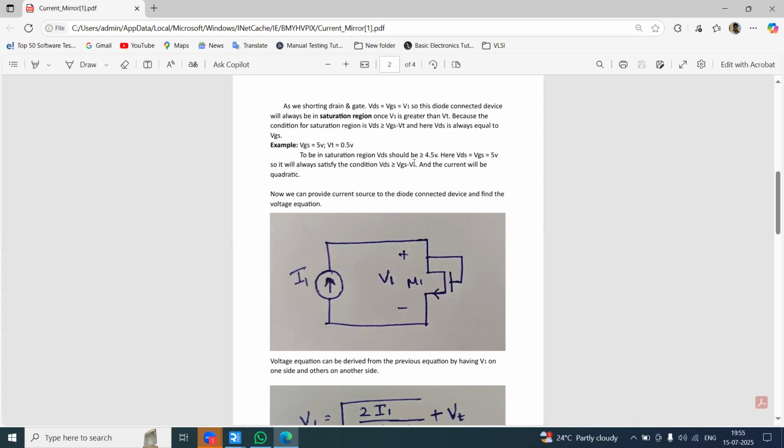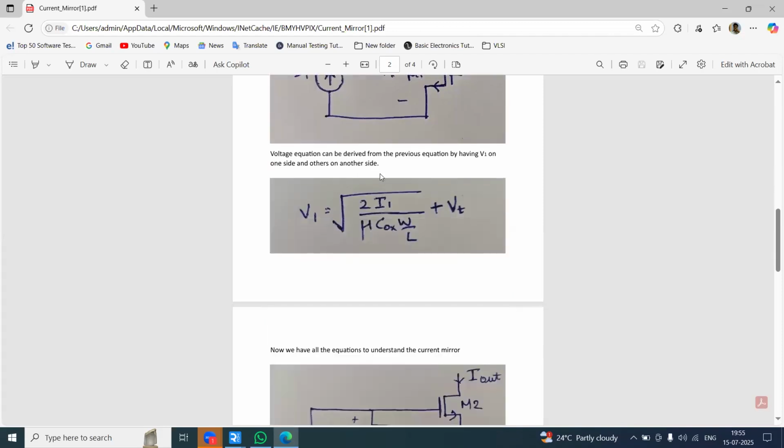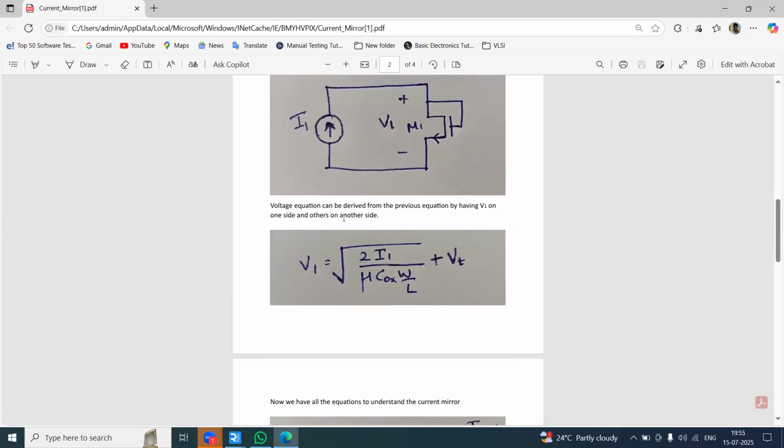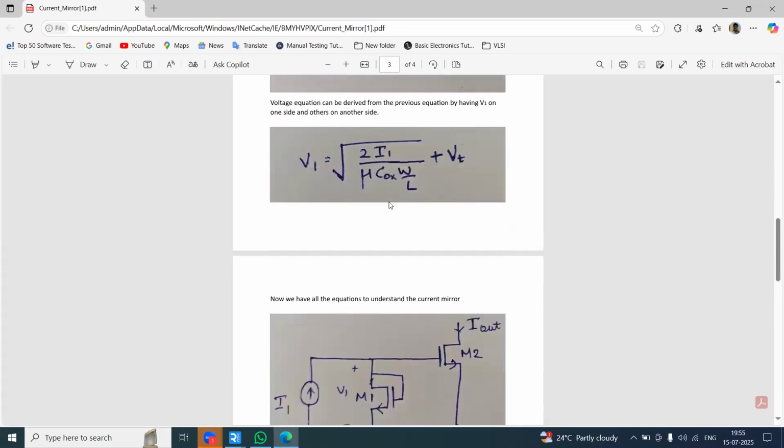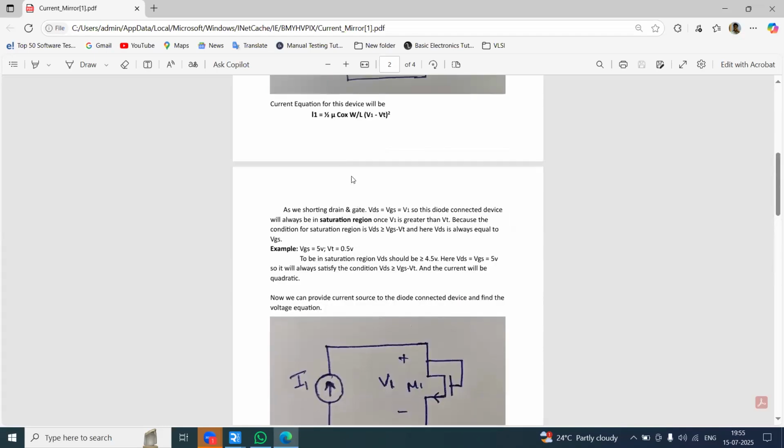The voltage applied across gate and source will always be greater than the drain and source voltage, since gate and drain are shorted together. So, in order to get that, the voltage equation is V1 equal to root over 2I, meaning this formula was just reversed.